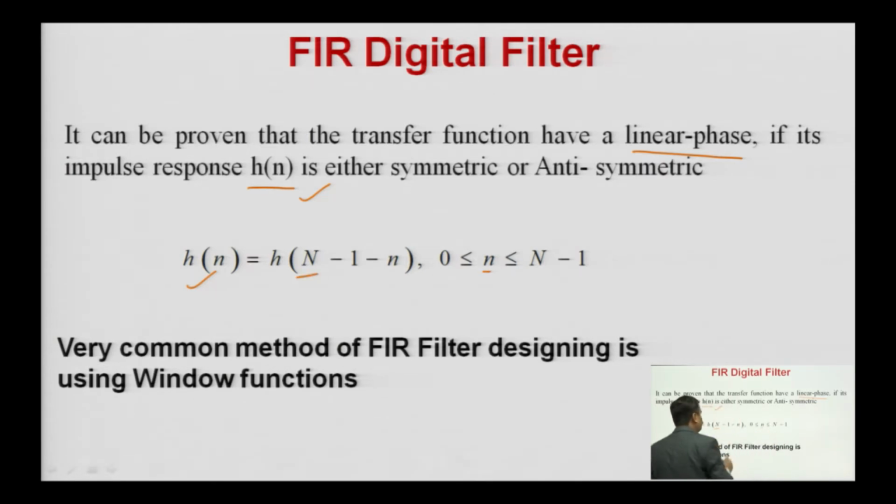Here capital N is the length of the FIR filter. So, if it is symmetric, this condition will be satisfied. If it is antisymmetric, a minus sign will appear here. This is a very important and special characteristic of the FIR digital filter.